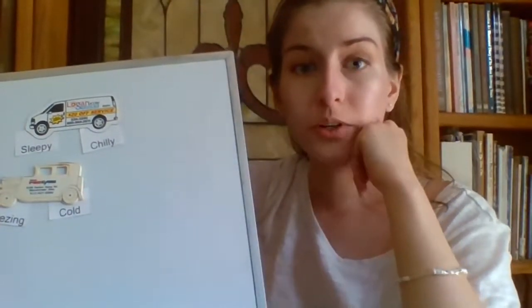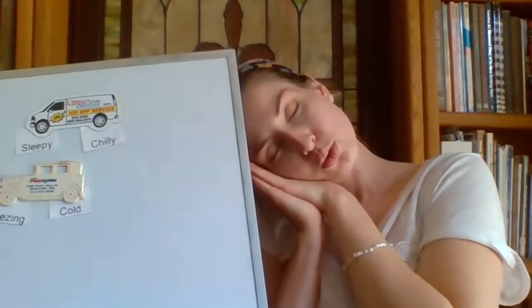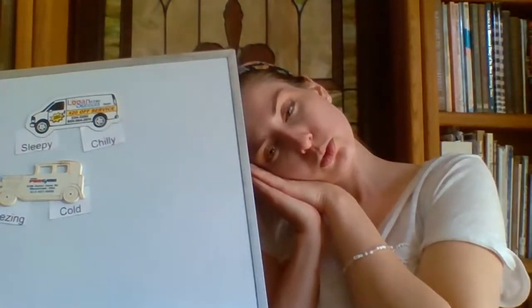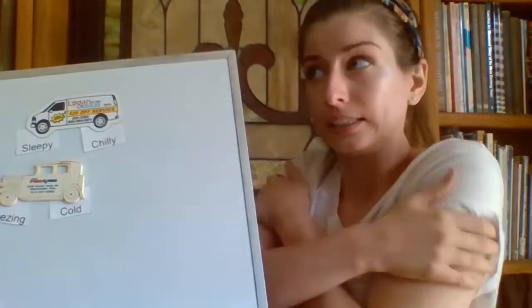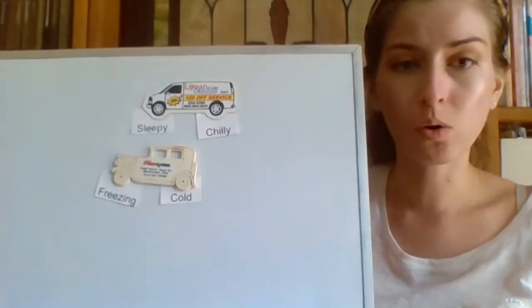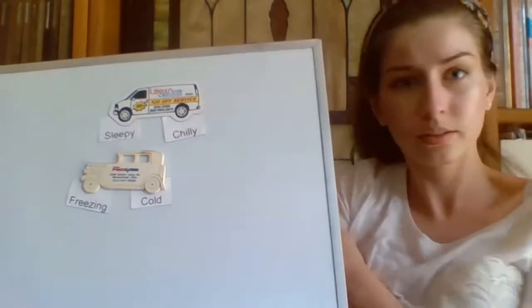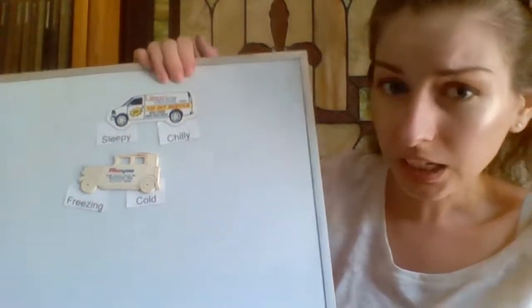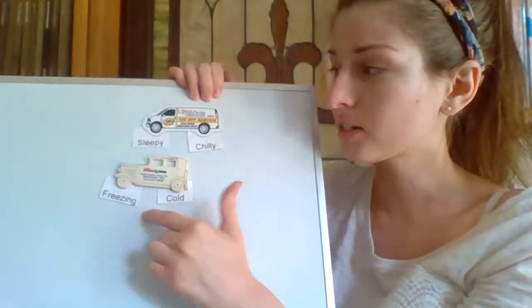Okay. How would you look if you were really sleepy? I'll do it too. Okay, now let's do chilly. How would you look if you were chilly? Okay, what about cold? What about freezing? So cold. Which one is different then? Is it sleepy, chilly, freezing, or cold?